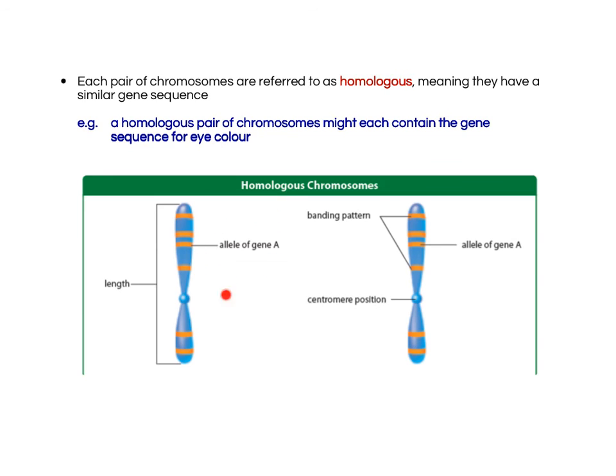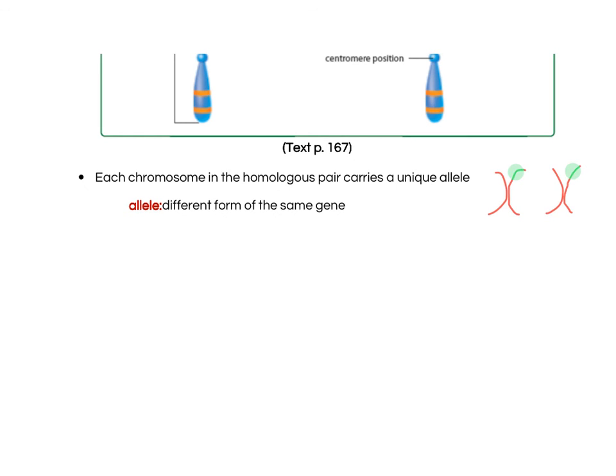Okay, now those bands may describe what's called an allele. An allele is a term that I'm going to define in a minute, but an allele is essentially just genetic information. Let's take a look at that now. So I've taken the liberty of drawing another pair of homologous chromosomes. Now, in this case, again, I'm just showing them as duplicated as opposed to the single strand. So each chromosome in the homologous pair carries a unique allele, and an allele is just a different form of the same gene.